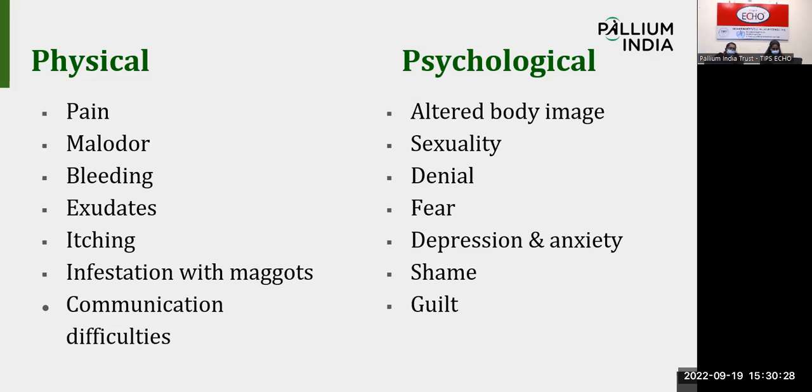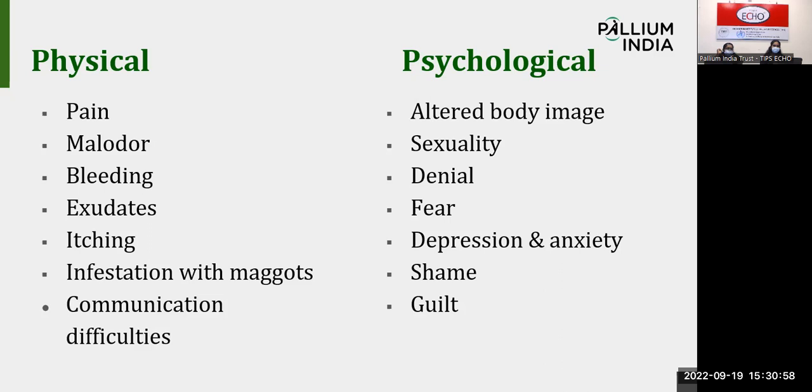These are the physical and psychological problems. Just imagine a patient with a buccal mucosa proliferative growth on his face. These are some physical problems he might have developed. One is pain because of the proliferative growth. The direct exposure of the dermis can cause nociceptive pain.